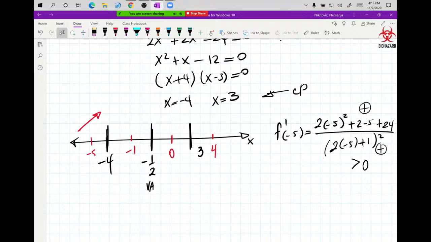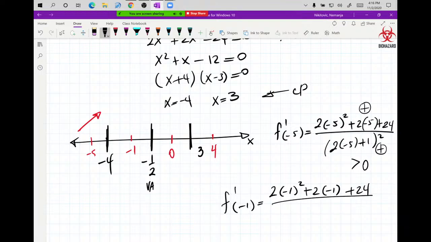So f prime at -1, that's going to be 2 times -1 squared plus 2 times -1. Well, parentheses missing over here. I erased something and then they were gone. Plus 24 divided by 2 times -1 plus 1, everything squared.